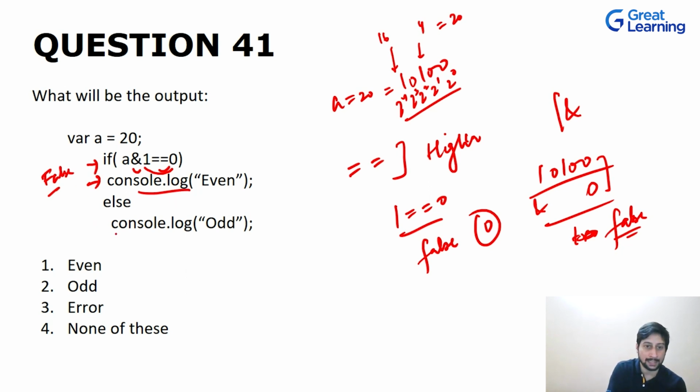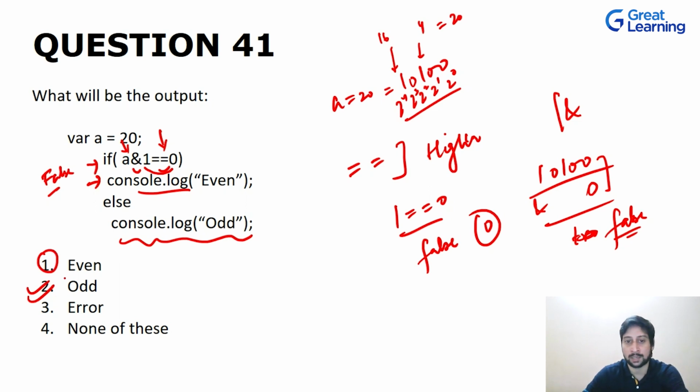Now we go into the else part and we print out odd. So you get the output as odd. Is this thing clear? The only reason is that first this part will be calculated and then we will do the AND. If we do the vice versa, you will always get the output as even, which is not correct.